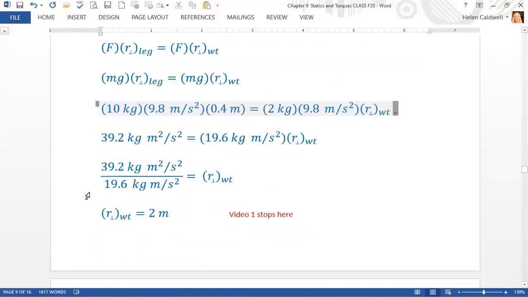And we find that the distance for the counterweight has to be 2 meters, which means the leg from the hip to where you hook that counterweight has to be over 6 feet. Actually, it's over 6.5 feet. A meter is more than 39 inches.